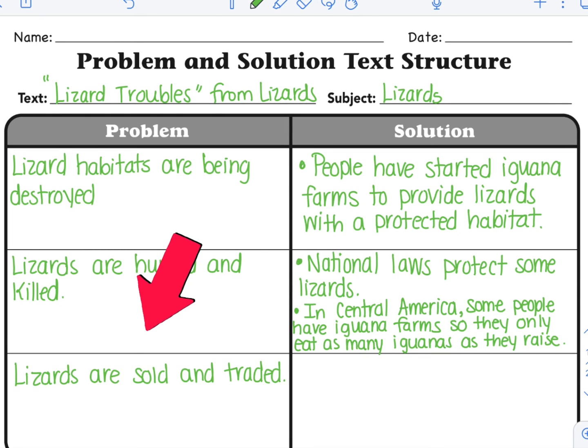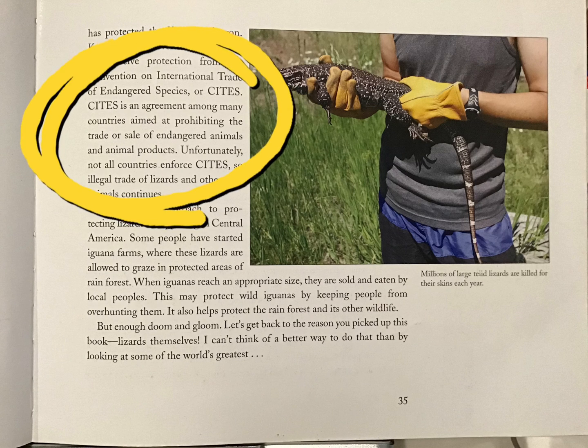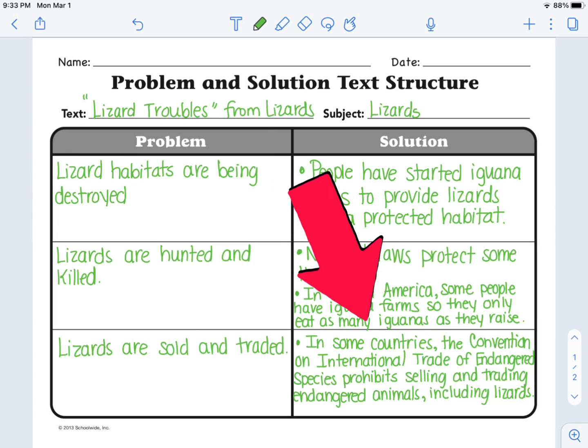Go ahead and jot this problem down. Lizards are sold and traded. And we'll go back in the text and look for a solution to this. I actually think that CITES, this agreement, is also another solution to the problem. Let's jot this down.